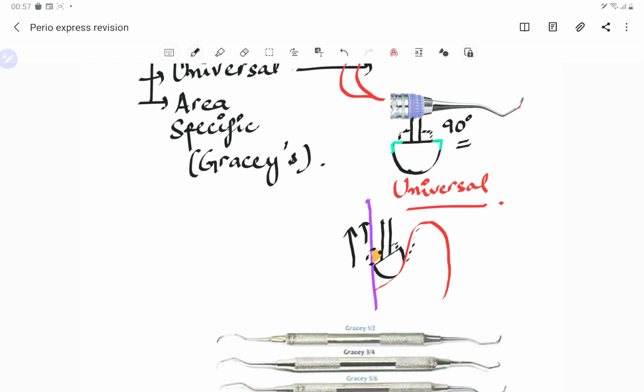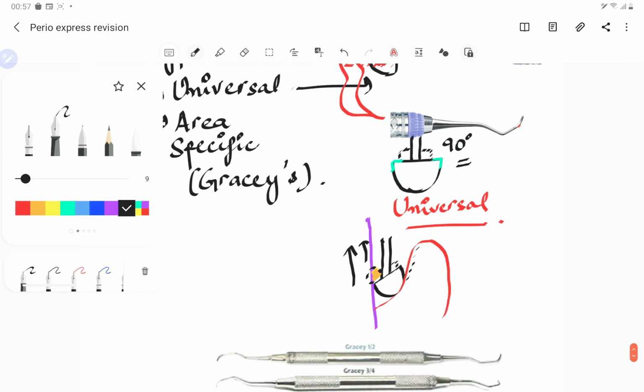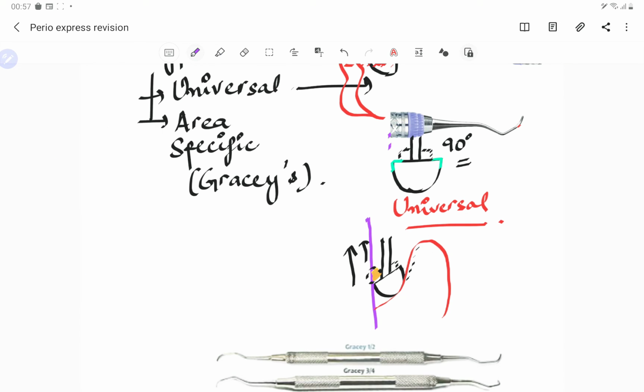But if you do the same with the universal one, and you try to insert it into the pocket, it is going to rub this surface area also. So it is very easy to use the Gracey curette, and that is the reason they made the Gracey curette with specific areas, so that the work we are doing is easier for us.